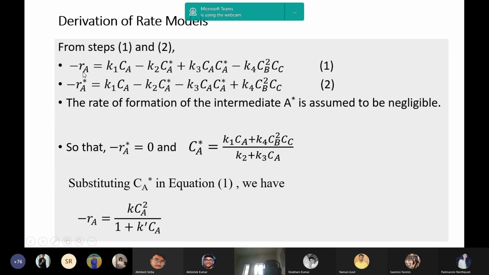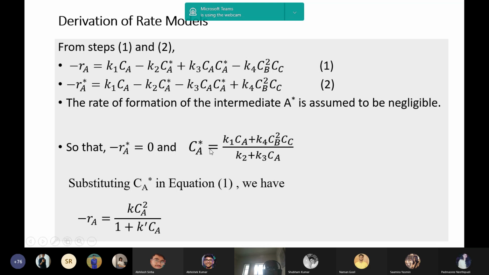So considering various rate constants, we can write the rate of disappearance of A like this, and the rate of disappearance of A star by this equation. But at steady state, we assume the net formation of the intermediate A star is negligible or zero, as it is not detected as a product. So we can assume the formation of A star and the disappearance of A star, because it is also reacting, is equal to 0.